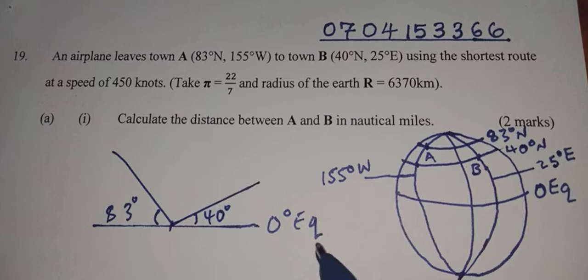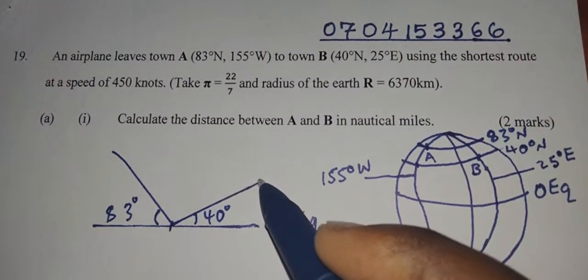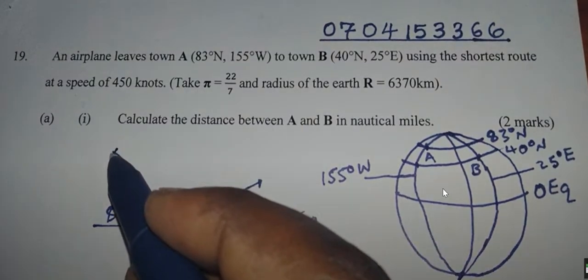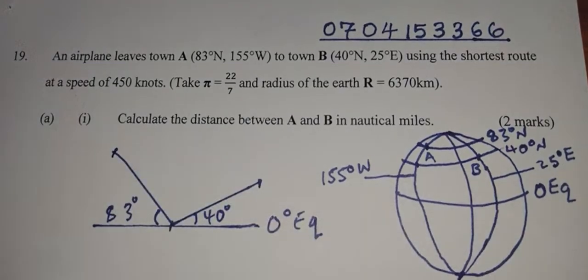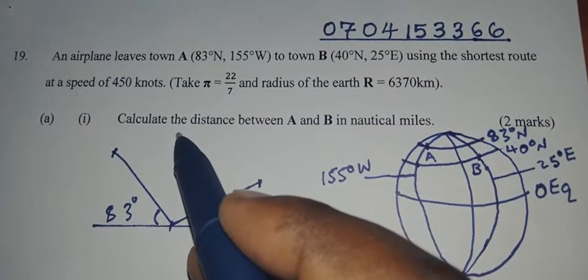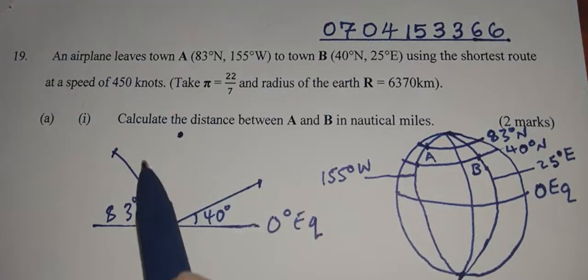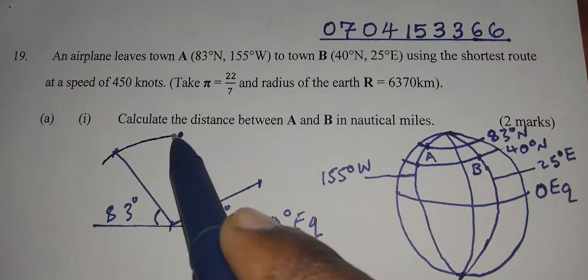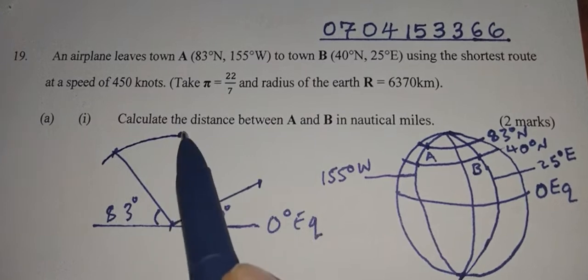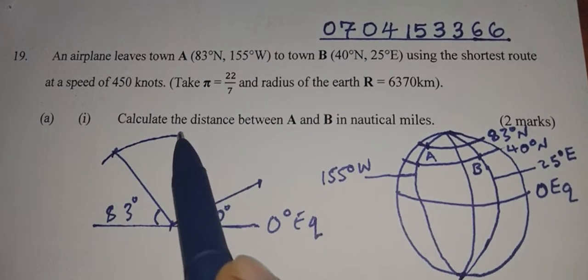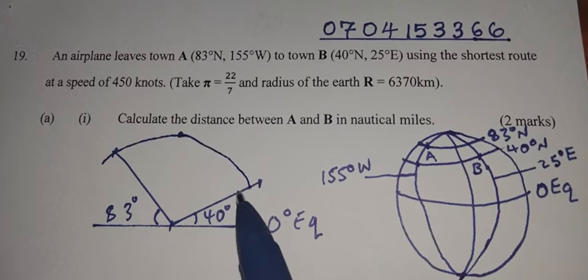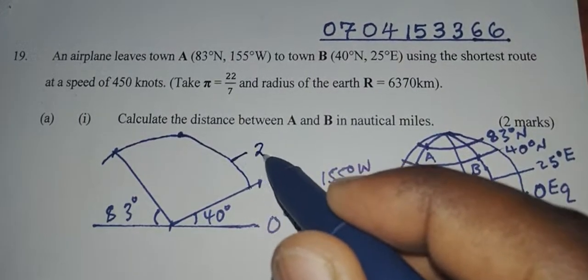Therefore, we should know that because the route here is 25 in the east, and the longitude here is 155 in the west, once the plane reaches the North Pole while following longitude 155 in the west, and continues with the same route, it will find itself automatically flowing along 25 in the east.